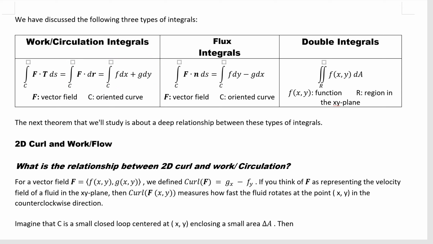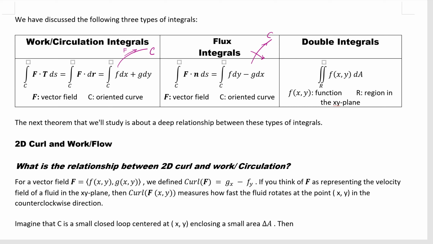And we also talk about the flux integrals. So we have a path, right? For circulation, we want to measure the components of F in the direction of the path C. For flux, if the orientation of C is this way, we want to measure how much the vector field is going across it from the left to the right.